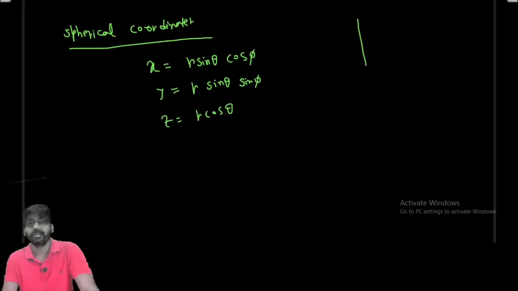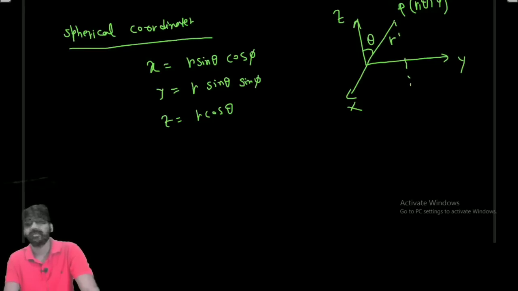Here, this is the x axis, this is the y axis, and this is the z axis, and the point P is r, theta and phi. This is r, this is theta, and if you take the projection of this on the xy plane, this will be phi.